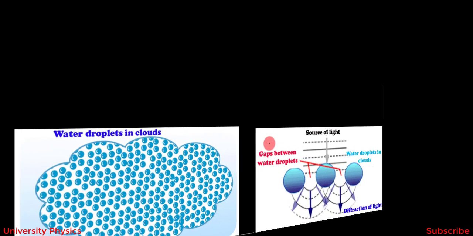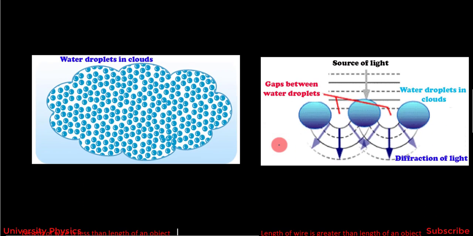Now we want to take the example of water droplets in clouds. This figure shows water droplets in clouds. These tiny water droplets found in the clouds are called atmospheric particles.